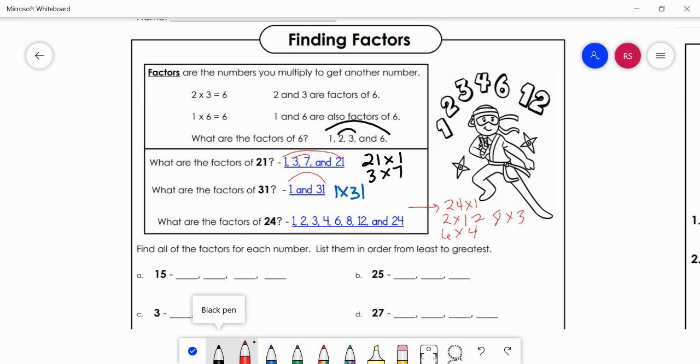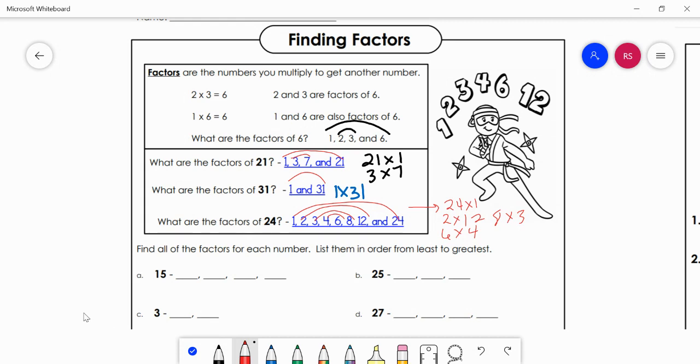I don't think so. So I'm going to start to list them, starting with my smallest number and working my way to my greatest number. 1 times 24 is 24. 2 times 12 is 24. 3 times 8 is 24. And 4 times 6 is 24. I like to list my factor pairs first and then put them in order from least to greatest.